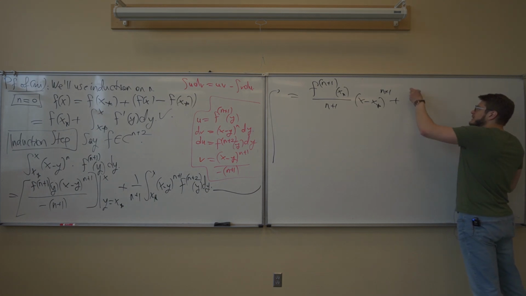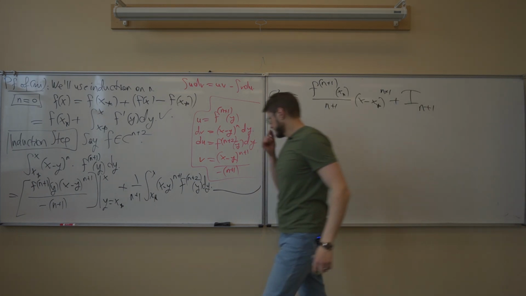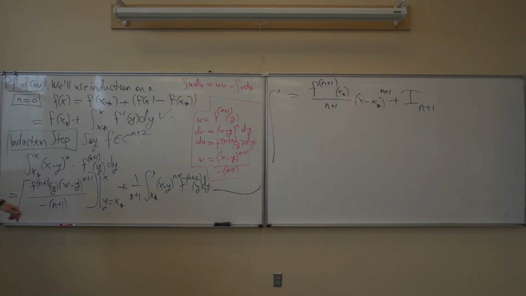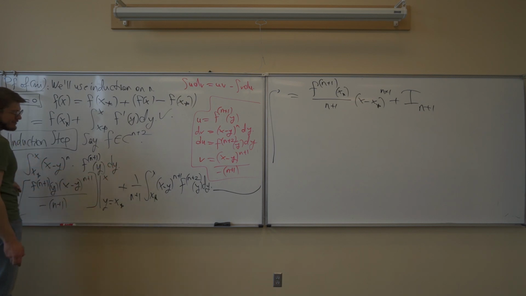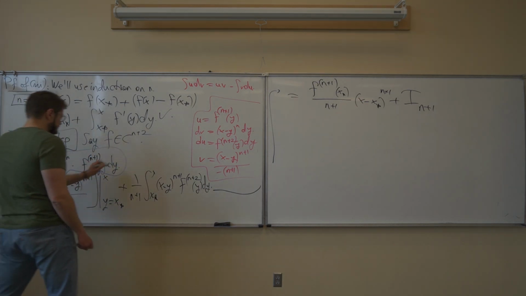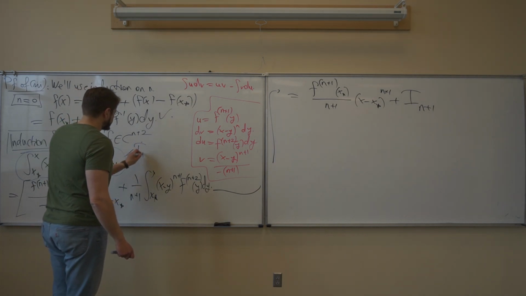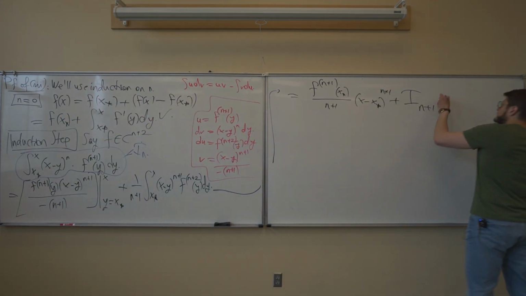Let me just write it I sub n plus 1, the integral with n plus 1 as the index. And so if I denote that by I sub n plus 1, this integral is I sub n really. Let me use blue. Which means that I have this formula.